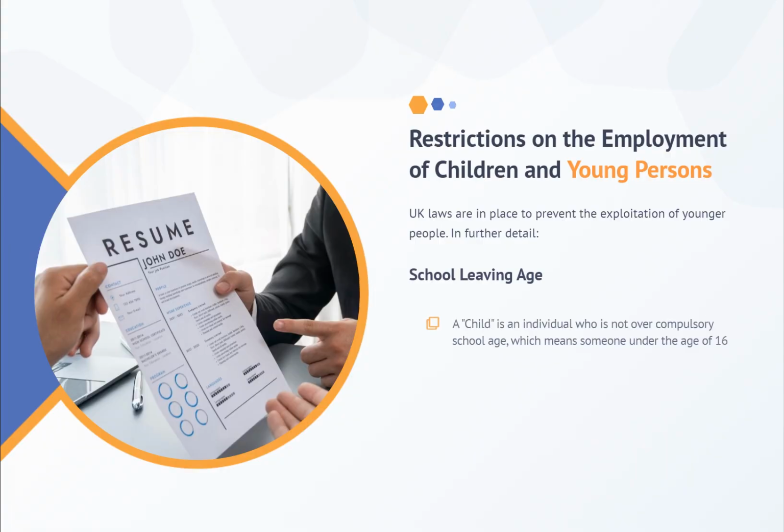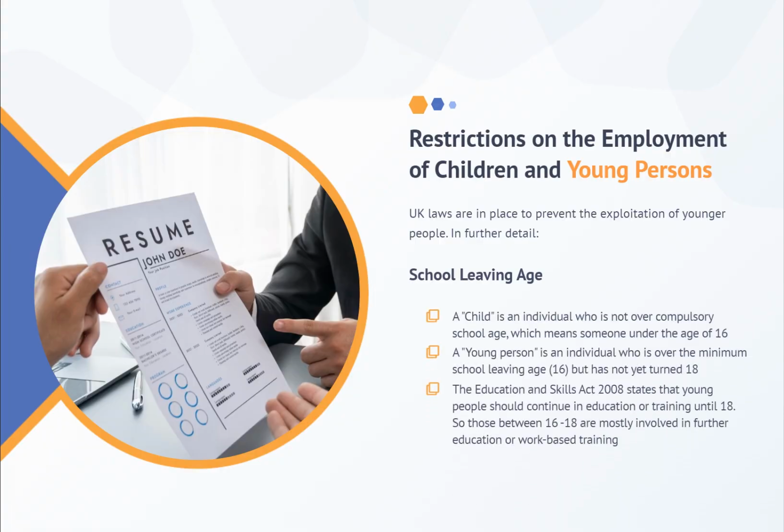Restrictions on the employment of children and young persons. UK laws are in place to prevent the exploitation of younger people. In further detail, school leaving age. A child is an individual who is not over compulsory school age, which means someone under the age of 16.